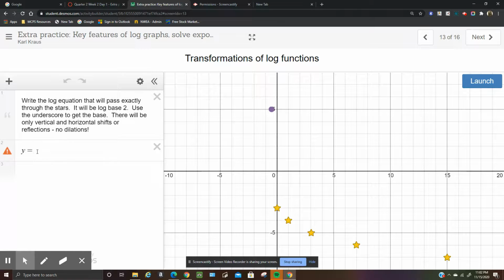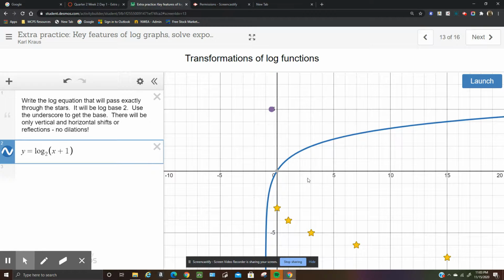All right. It's also going to be log base 2. And then this asymptote looks to be at -1. So x plus 1.